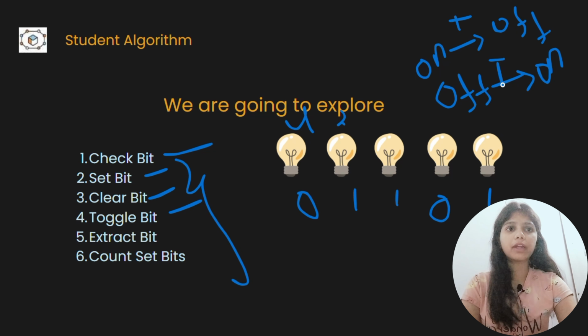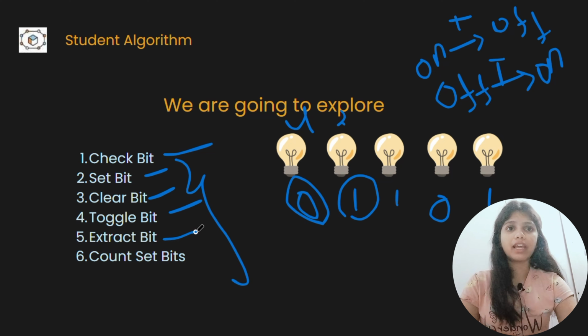Toggling means we make it the reverse. That means if at a particular position the bit is 1, we make it 0, and if it is 0, we make it 1. We need to toggle it. Toggle is nothing but making it the opposite.